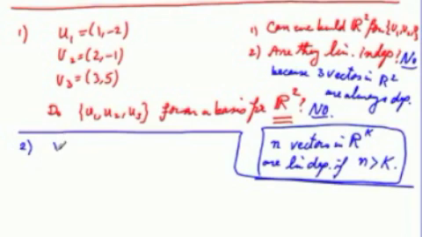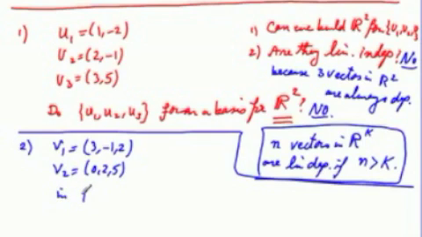2. V1, V2. So at this stage, let's just do problems by intuition and inspection, and later on we'll have enough cases where we have to actually labor on these things to answer.